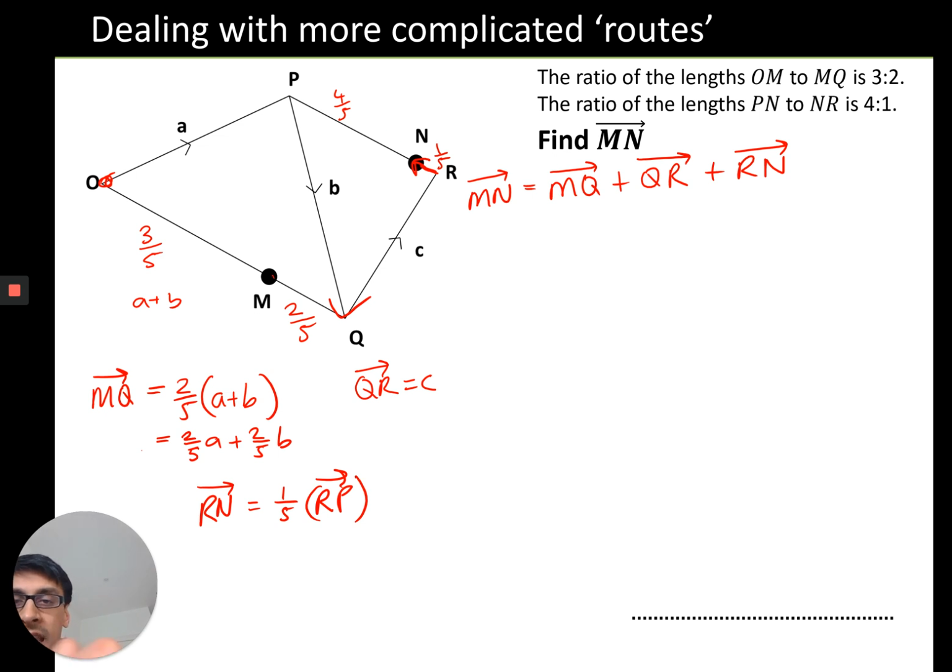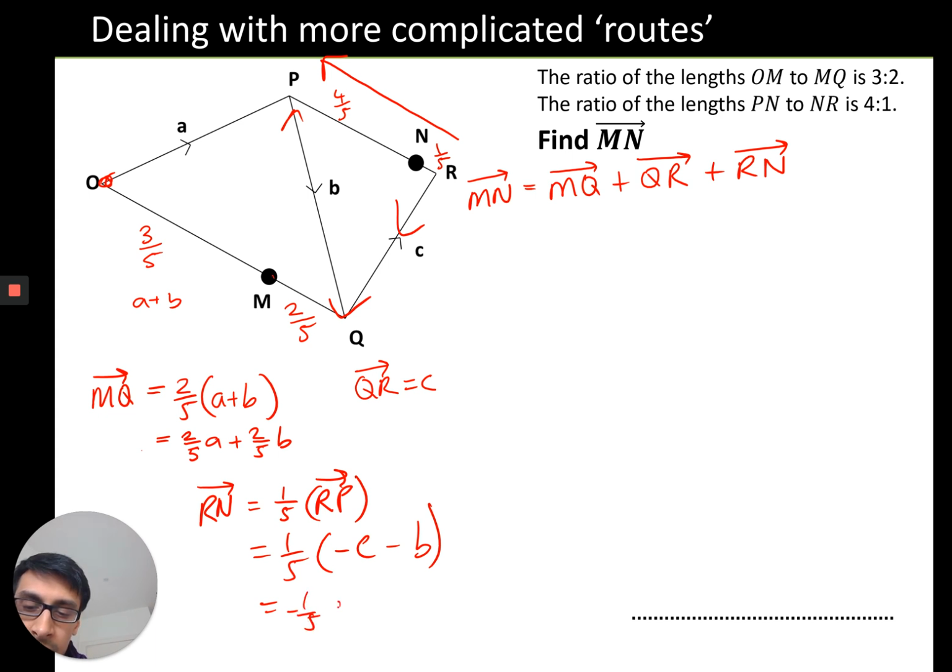I know that RP is a vector which I haven't been given. So instead, I'm going to go down and then up. So RP is going to be minus b minus c. So that's 1/5 of negative c minus b. And then that will become negative 1/5 c, take away 1/5 b.